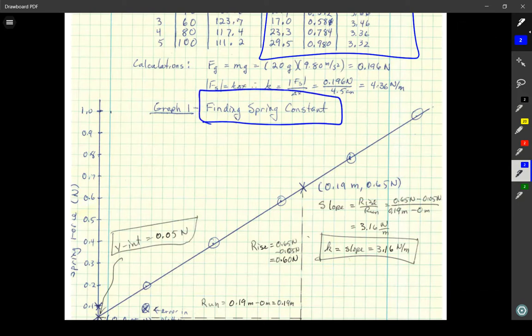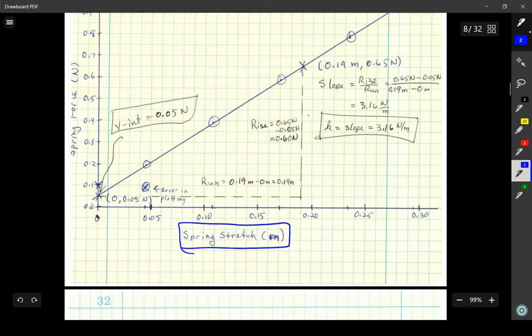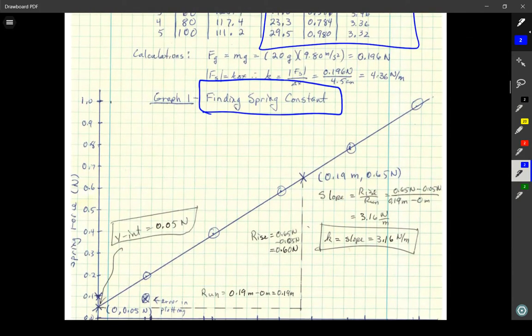If you put force versus, or stretch versus force, that tells you nothing. You could read the axis and know that. The title should tell you why you made this graph, why somebody who's reading this graph should find it useful. And just force versus stretch doesn't tell me how it's going to be useful. But if I say it's finding the spring constant, I'm all, oh yeah, this graph I'm going to find the spring constant from. There's the purpose.